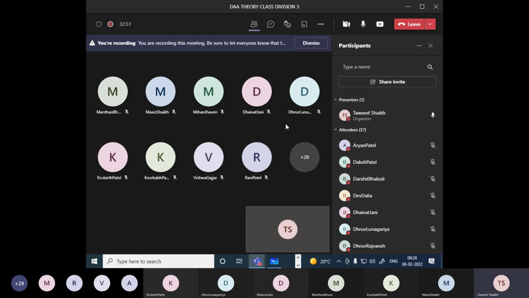Okay, the online students have been able to solve it. Okay, tell me what's the answer. T of n is equal to 4 raised to power n minus 1 raised to power n.